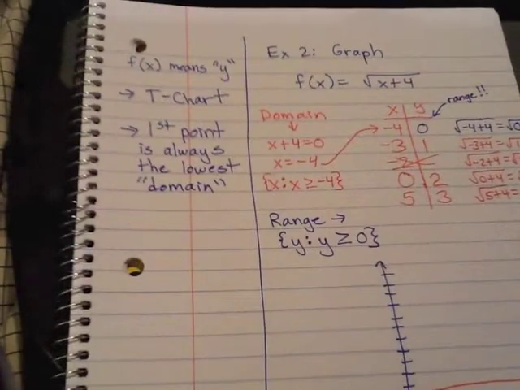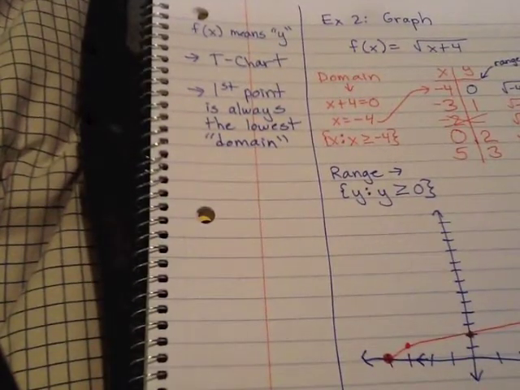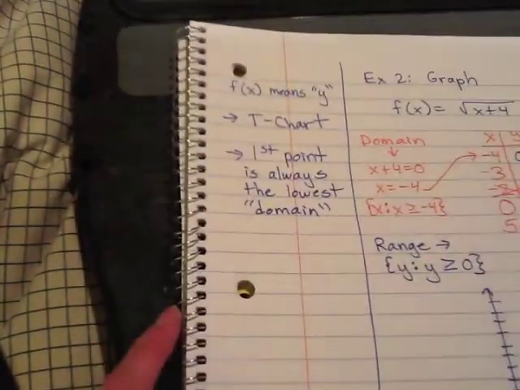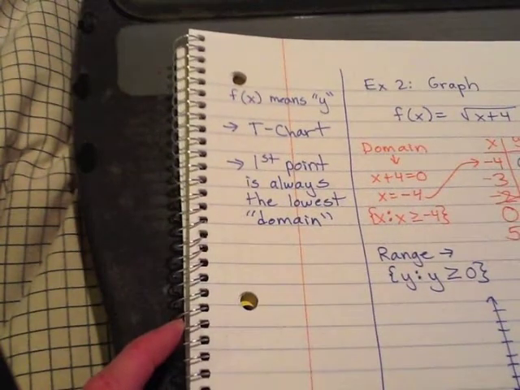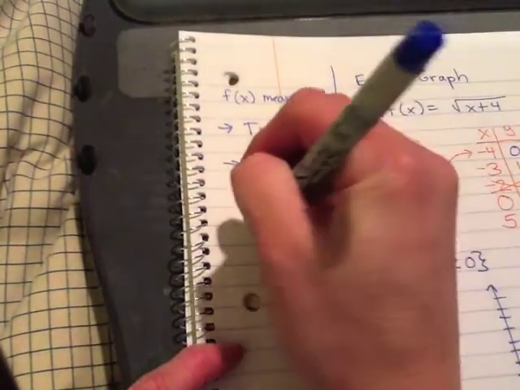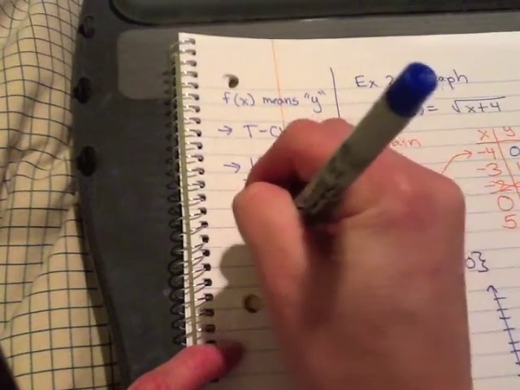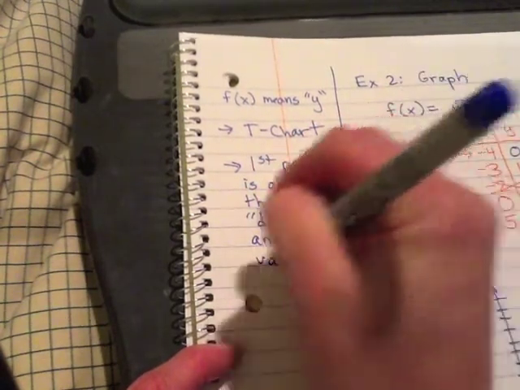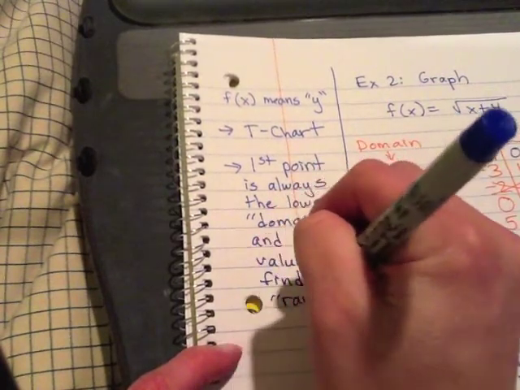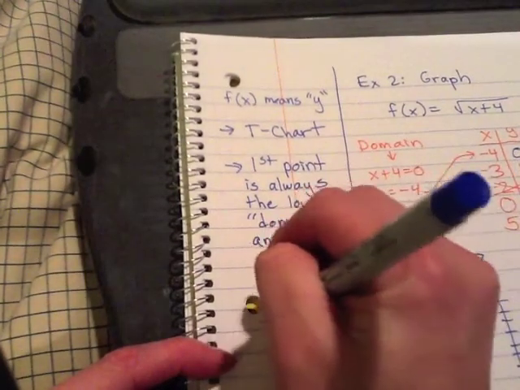And so we're going to go ahead and write a little more here. So first point, you're going to find the domain and use that value to find the range. And that'll always be that first point that you plot that goes with it.